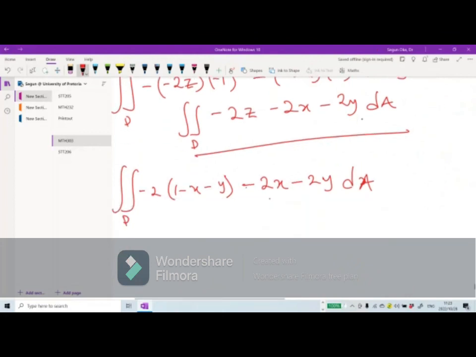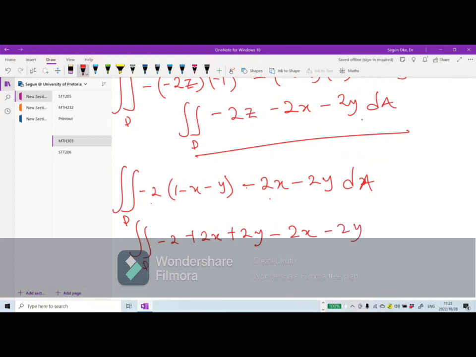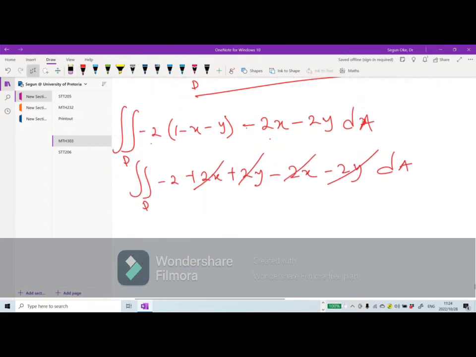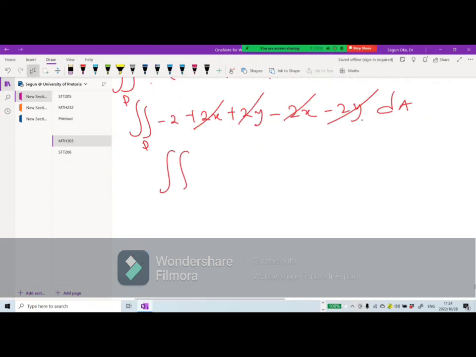So at the end of the day, let's open these brackets. You have -2, negative that's negative, positive 2x, negative that's negative, positive 2y, minus 2x minus 2y dA. This goes with this, and this also follows this. So at the end of the day, you have integral of d minus 2 dA.